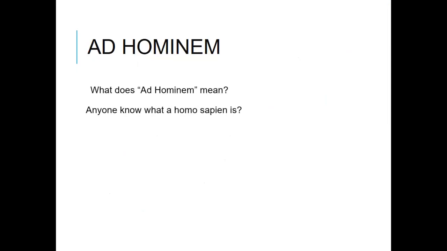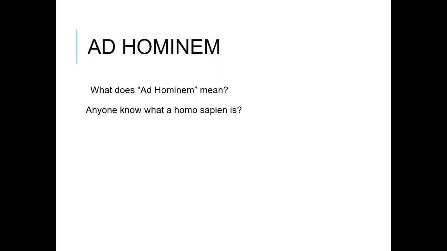Ad hominem. The two fallacies we're going to talk about today are going to be called ad hominem abusive and ad hominem circumstantial. Now, the word hominem comes from the word homo sapien. Any biology people or any science people might know what that is. A homo sapien is the scientific word for a human being.